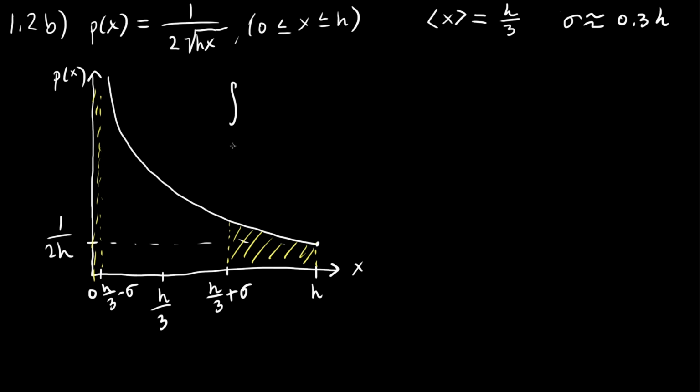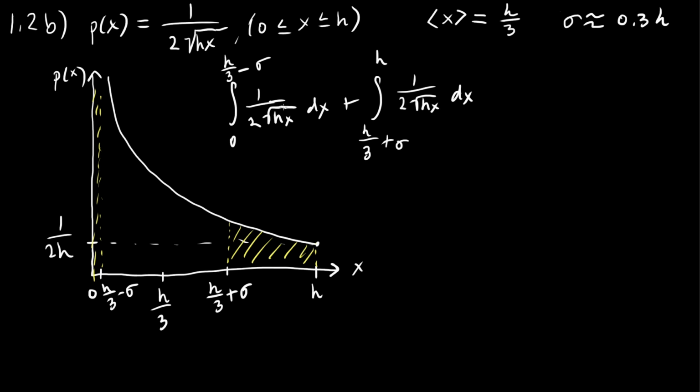The left side will be the bounds from 0 to h over 3 minus the standard deviation, and we'll plug in the probability density. And then we also have to add the integral on the right side, which will now have a starting point of h over 3 plus the standard deviation all the way up to h.